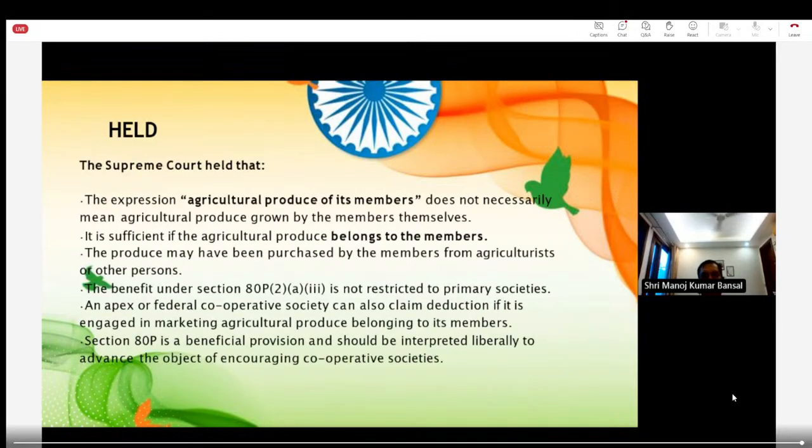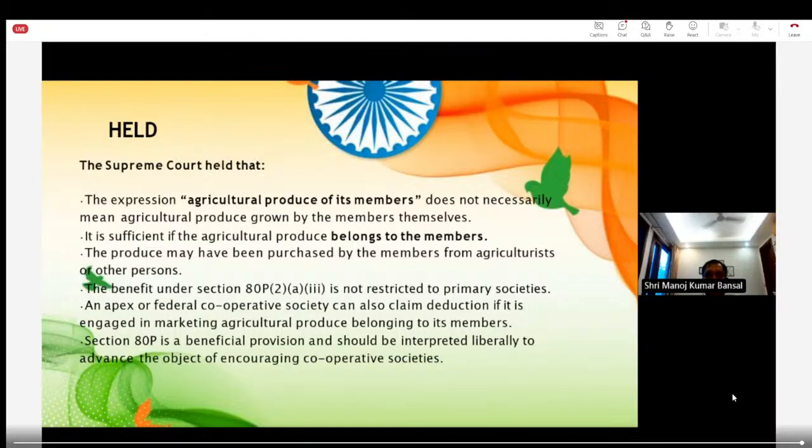The Supreme Court held that the expression agriculture produce of its members does not necessarily mean agriculture produce grown by the members themselves. It is sufficient if the agriculture produce belongs to the members. The produce may have been purchased by the members from agriculturists or other persons.